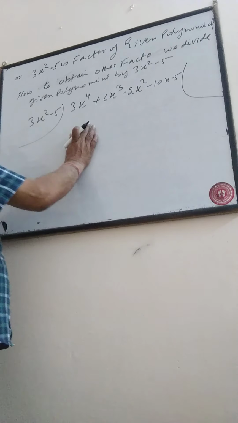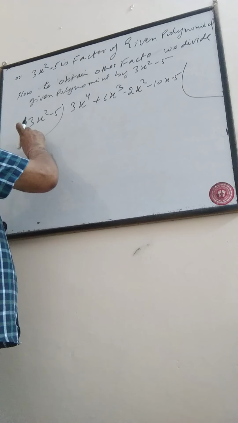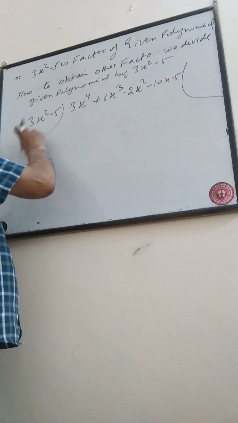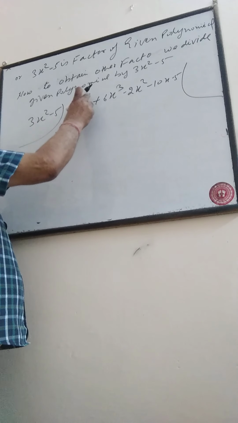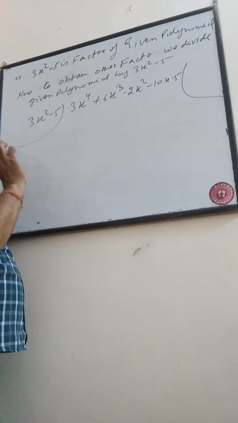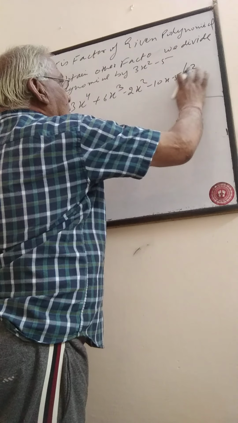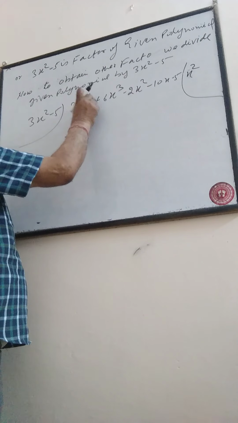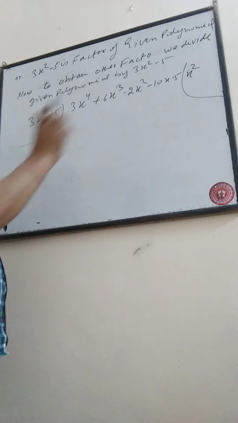Now I divide this. As I told you, first of all, the sign: plus divided by plus. 3 divided by 3 gives 1. 4 minus 2 is power 2, so you will take only x square. And plus divided by plus.